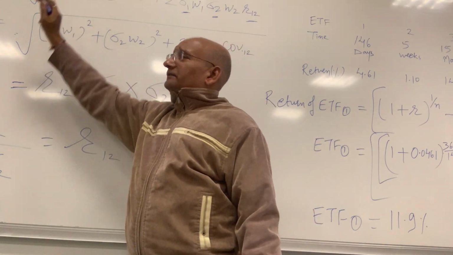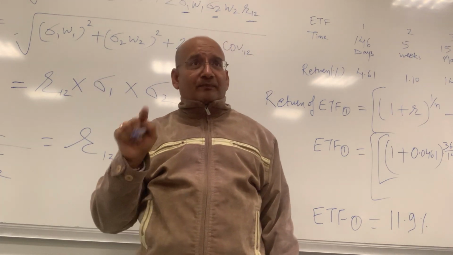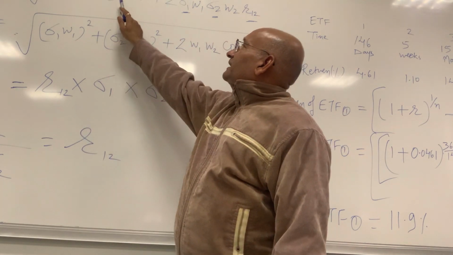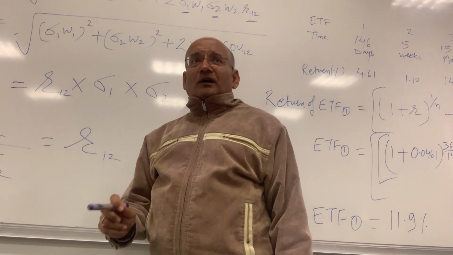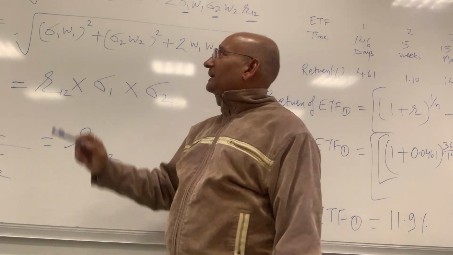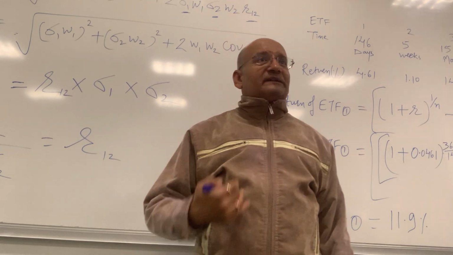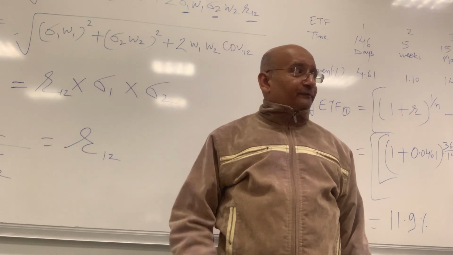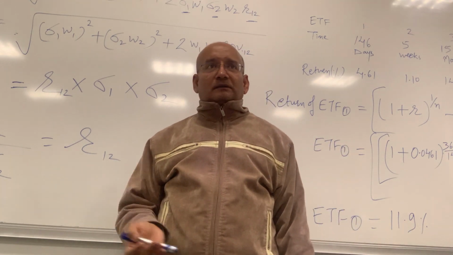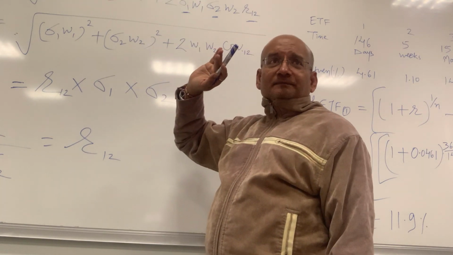Then here sigma 1 means the standard deviation of asset number 1, investment number 1. Then sigma 2 means standard deviation of asset number 2, investment number 2. And W2 means the weightage you have given to your second asset class. If the first investment is 10%, obviously second will be 90%. And 2 is constant in the formula.